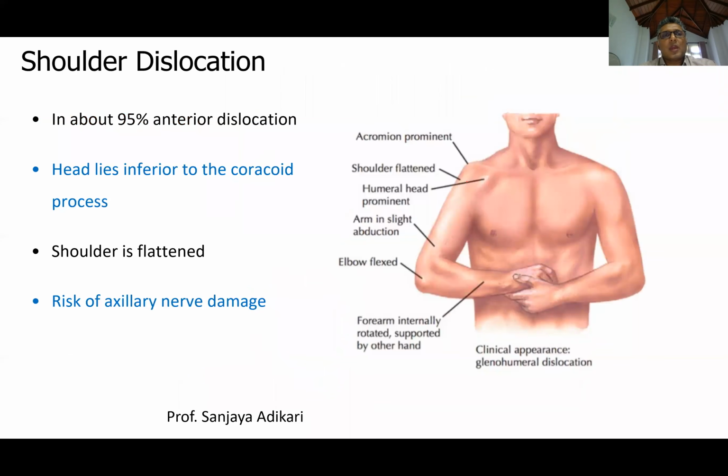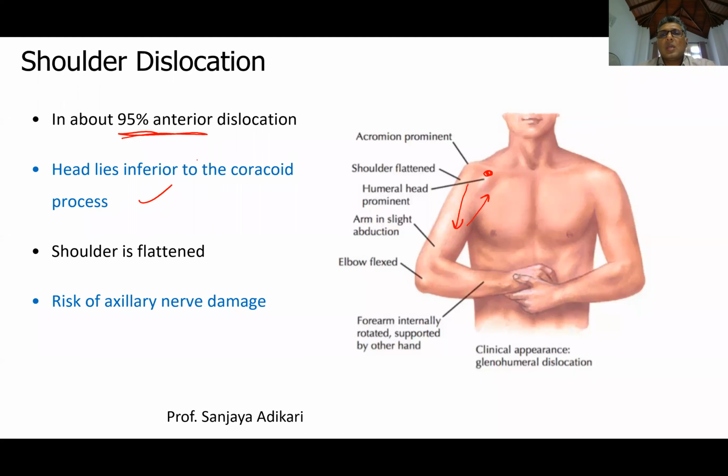When it comes to actual dislocation, about 95% of the dislocations are anterior dislocations. Anatomically we say that it dislocates inferiorly and is pulled up by the action of muscles, so that ultimately it lies immediately inferior to the coracoid process in a subcoracoid position.